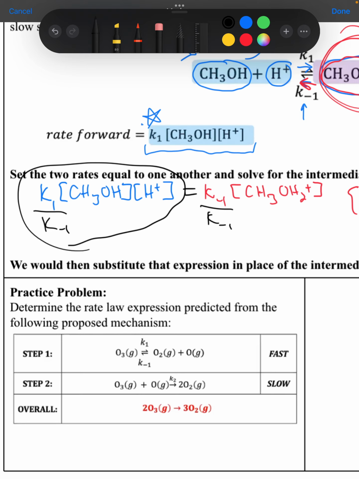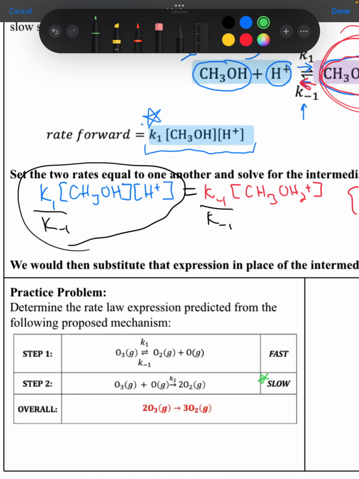Our practice problem says, determine the rate law expression predicted from the following proposed mechanism. So we already know that usually when we write a rate law, we're going to be writing a rate law that matches the slow step of this reaction mechanism, right? Because we know our rate law of our overall reaction needs to reflect our slow step.